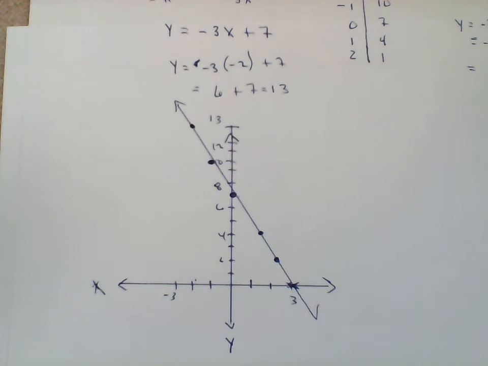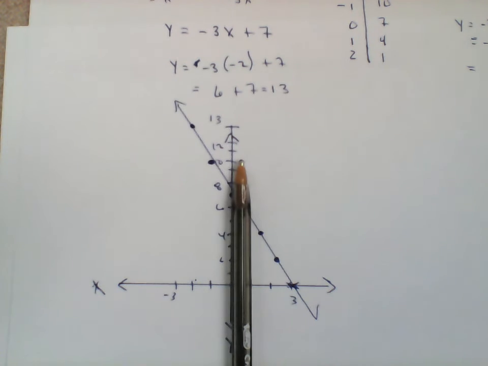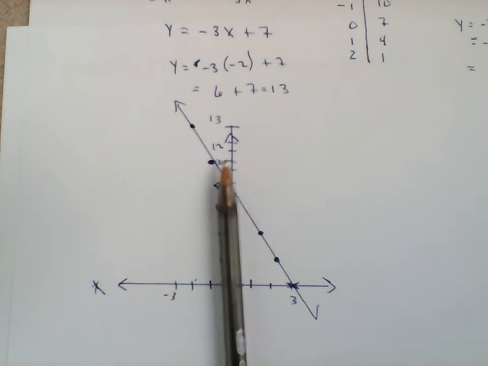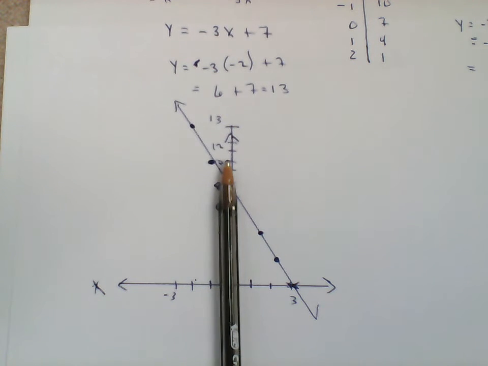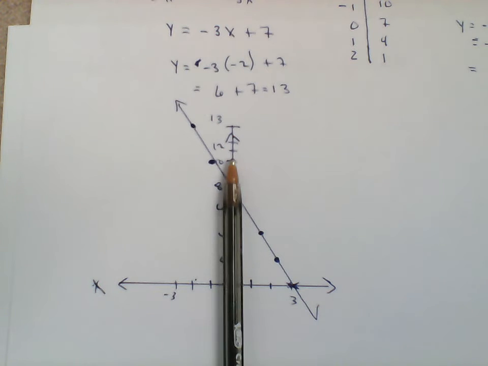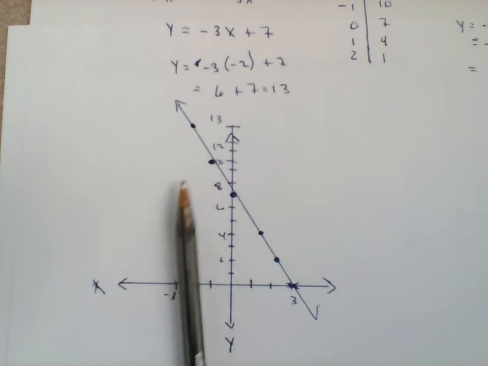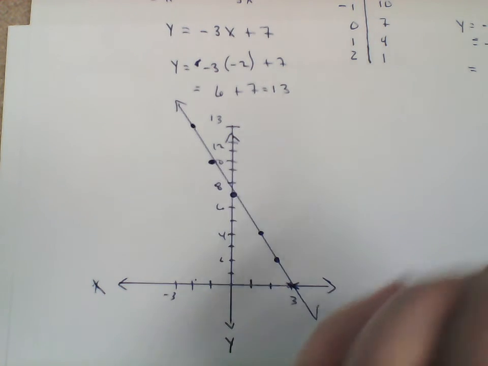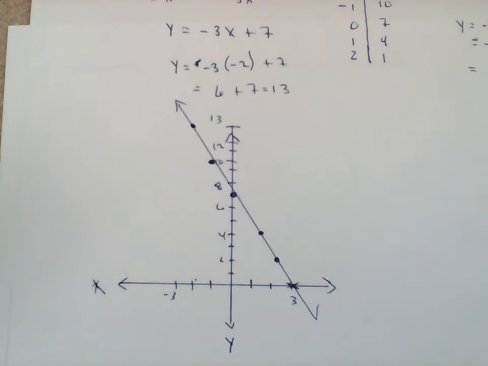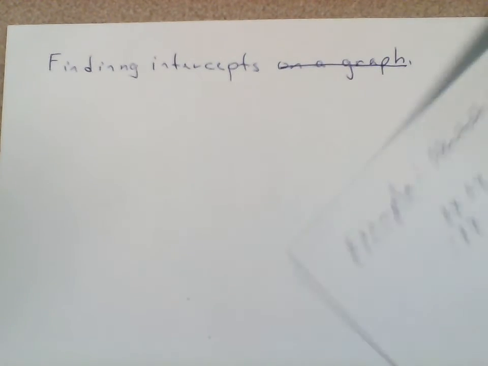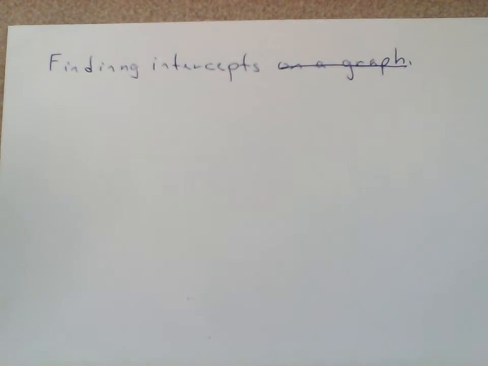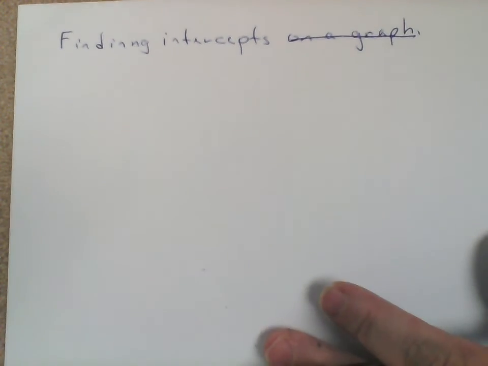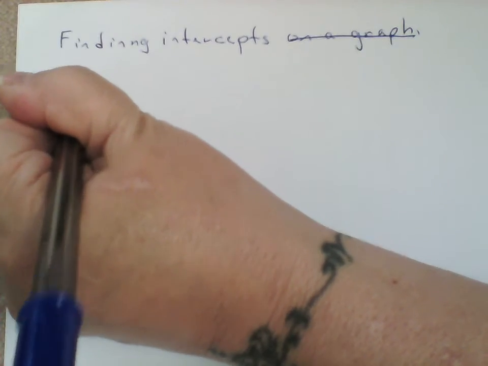Your y-intercept on this, in the same respect, doesn't have an x value, right? Its x value is 0 because it's right on the line. And when we're talking about x points, it's distance from the line. So if the points on the line, its distance from the line is 0, right? So our x would be 0 and our y would be 7, which is an important piece of information when we're talking about how to find the intercepts. So when we're finding the intercepts, we've got two of them, right? You have your x-intercept.